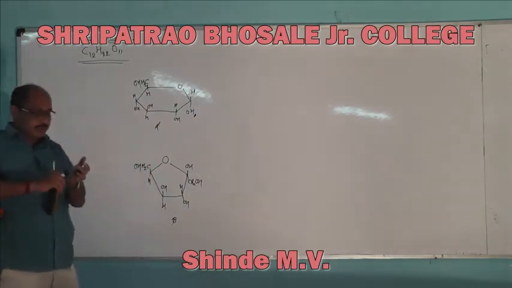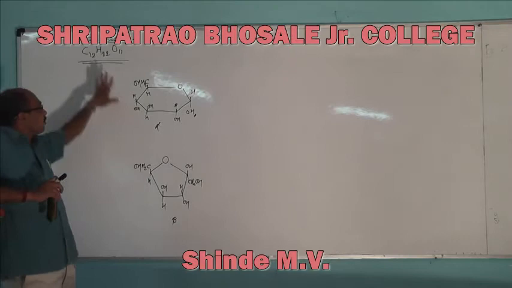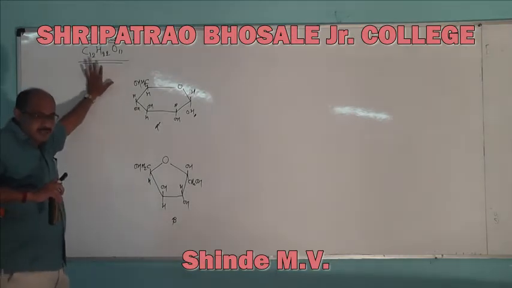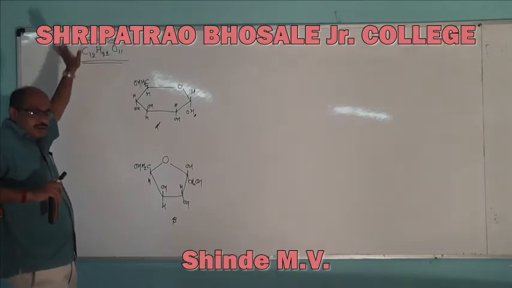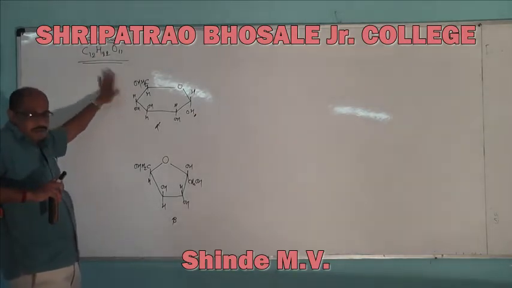Sucrose is commonly known as table sugar. It is also obtained from cane sugar and is present in sweet wheats. When sucrose is hydrolyzed, it gives one molecule of glucose and one molecule of fructose.